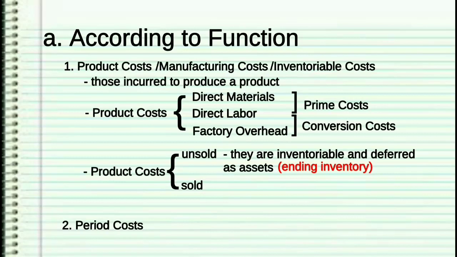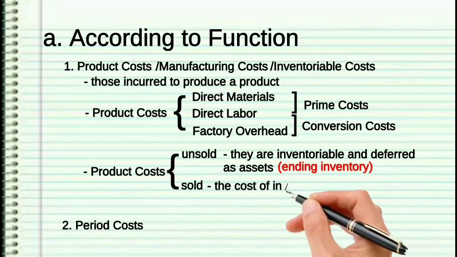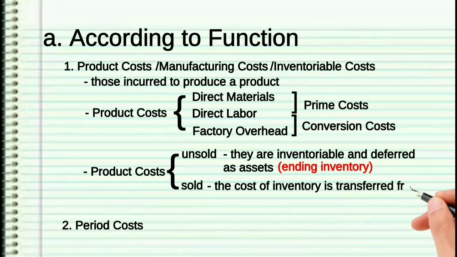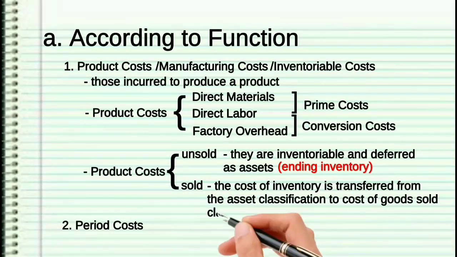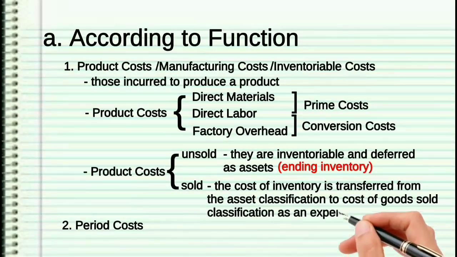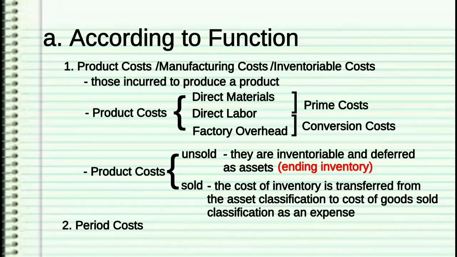Kapag nabenta na yung related units or sold na, the cost of inventory is transferred from the asset classification to cost of goods sold classification as an expense. That means yung cost, matatransfer na siya sa cost of goods sold kasi nga nabenta na yung related units or related products.